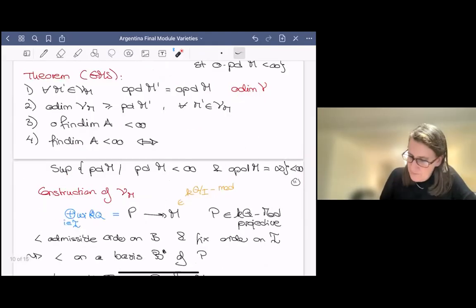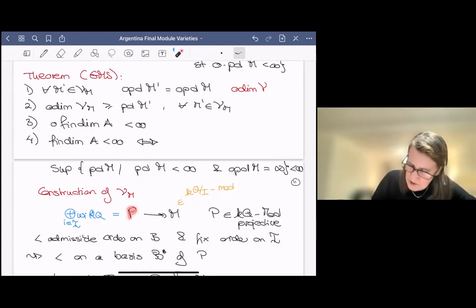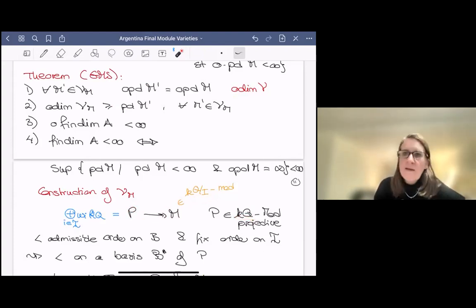Okay, so we start with KQ over I, an algebra, and we now pick some module over that path algebra, let's assume finite dimensional, but it's not necessary. Then we take some projective KQ module surjecting onto M, and we know that over the path algebra, all projectives are a direct sum of vertex projectives.